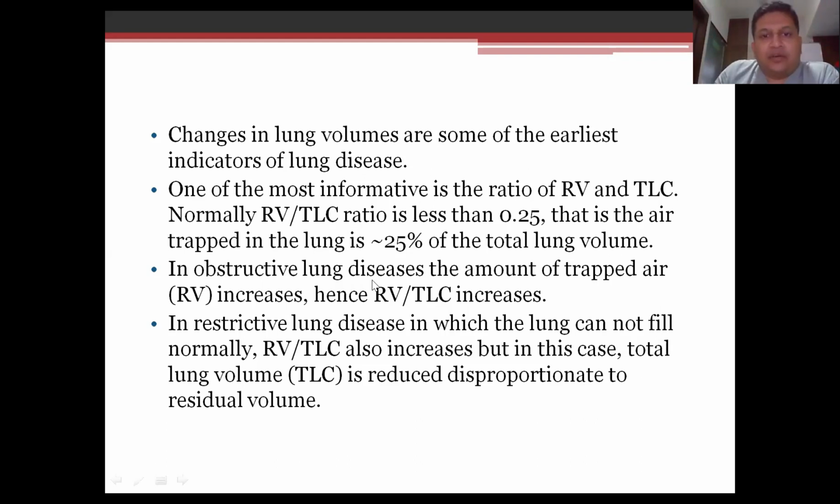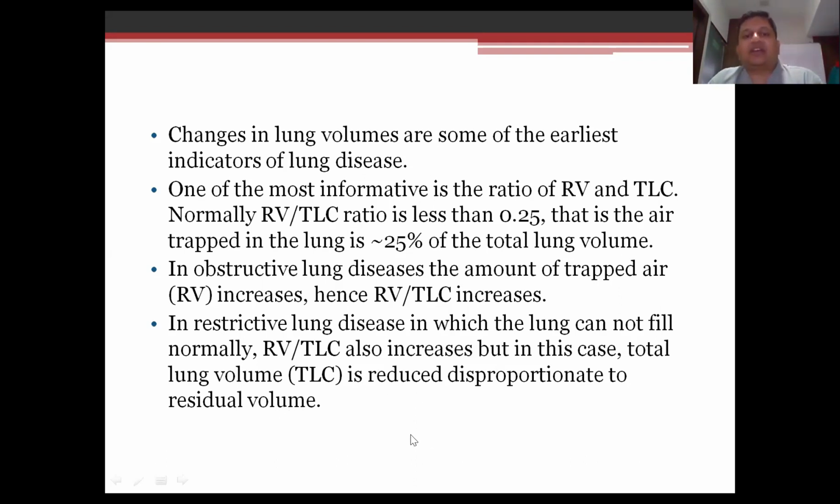In obstructive disease, the amount of trapped air increases. The air remaining inside the lung after maximum expiration will increase, so the RV over TLC will increase. In restrictive lung diseases, the lung cannot fill normally; the RV over TLC will also increase, but here the TLC is reduced.